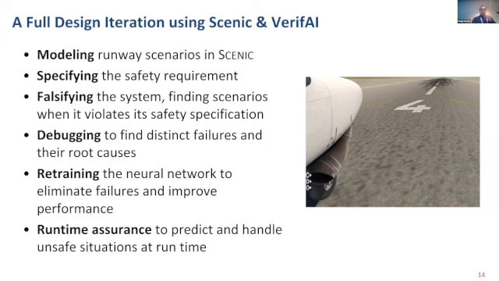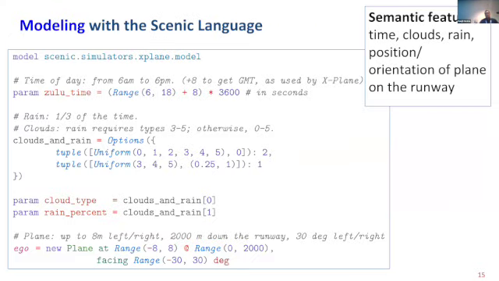Okay. So let me go through each of these steps. So step one is modeling with Scenic. And let me move this box out of the way. So our collaborators at Boeing told us that the environment is pretty straightforward. The only thing that changes is the time of day, which can be anytime between 6 a.m. and 6 p.m. So that's what you see modeled in that line, Zulu time.